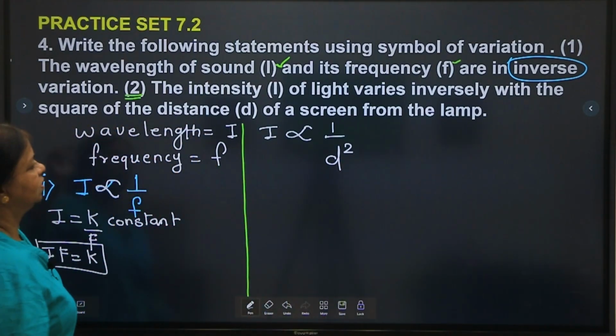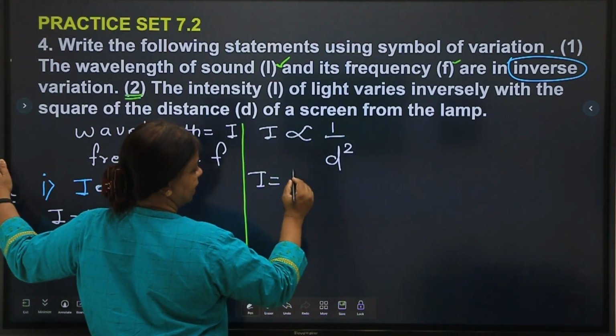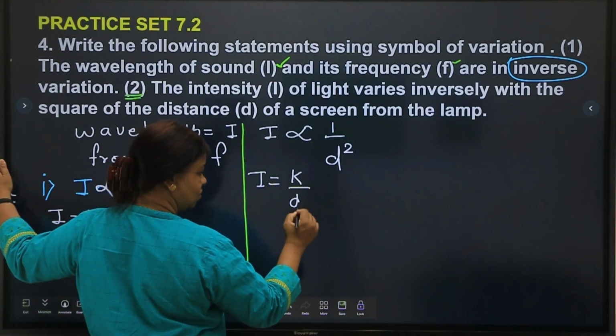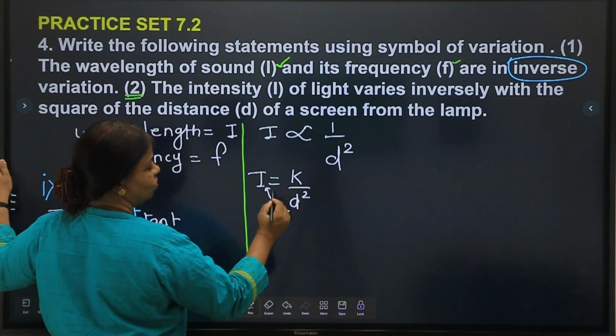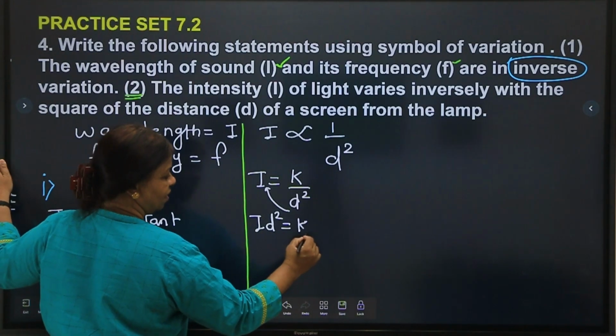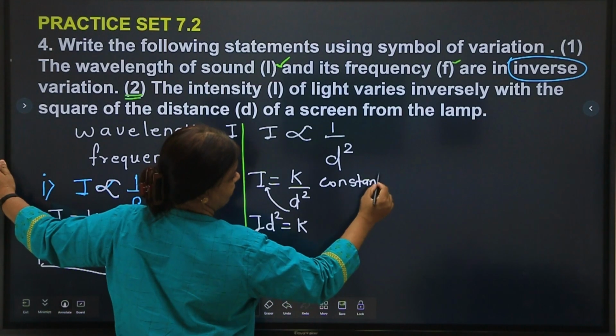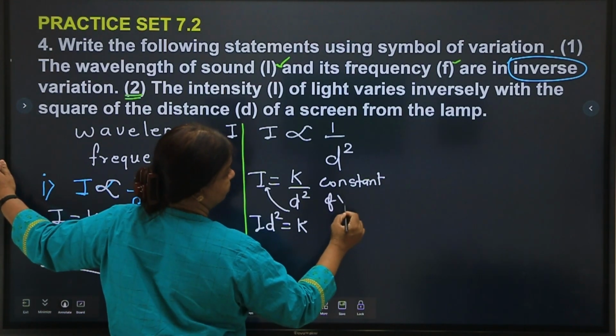Clear? So I is equal to K upon D square. D square will go up. I D square is equal to K, where K is the constant of variation.